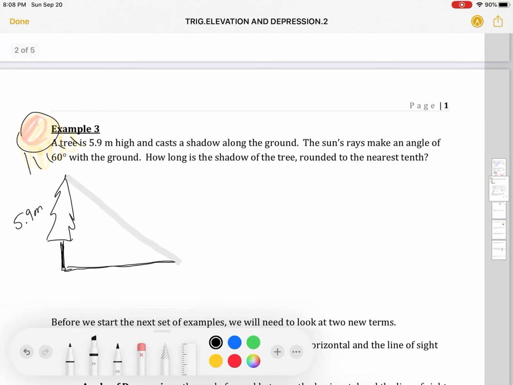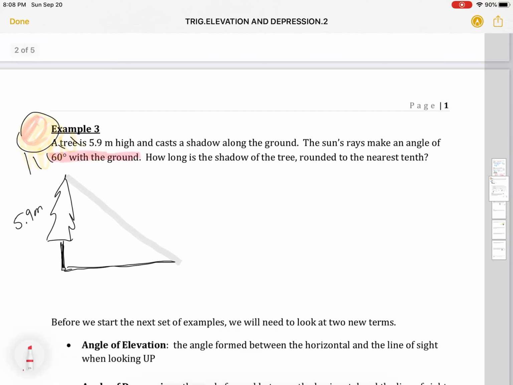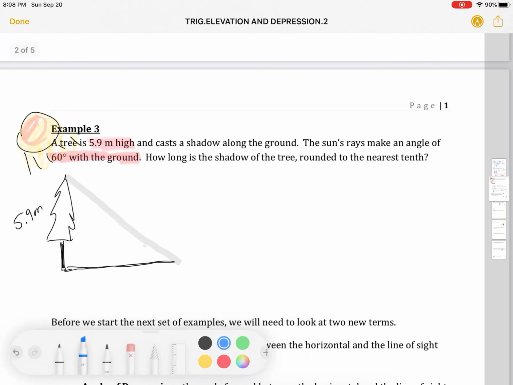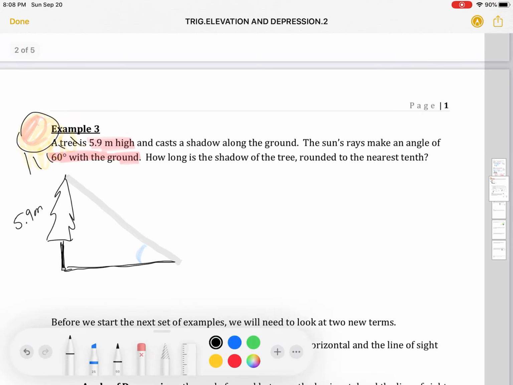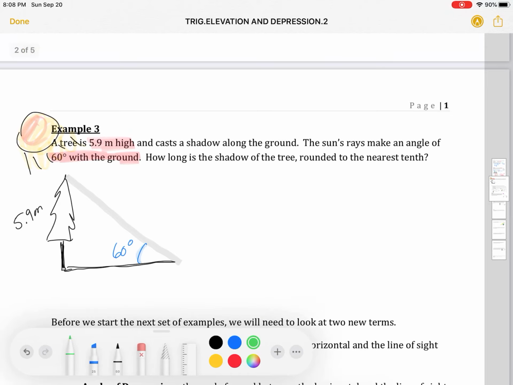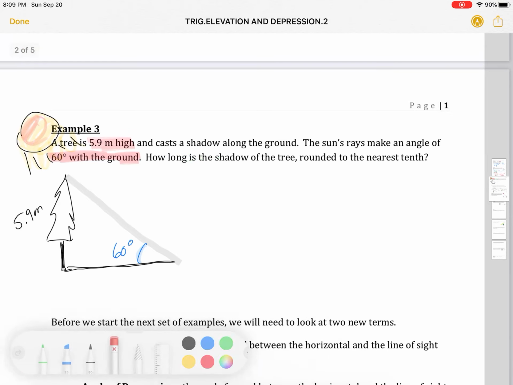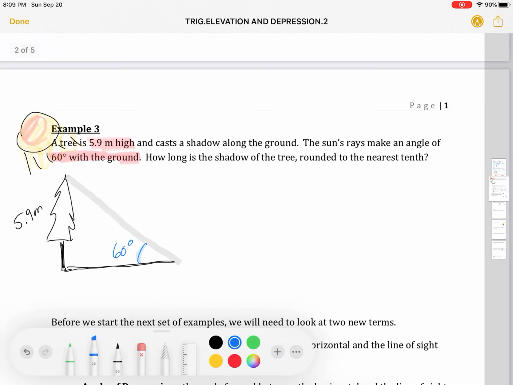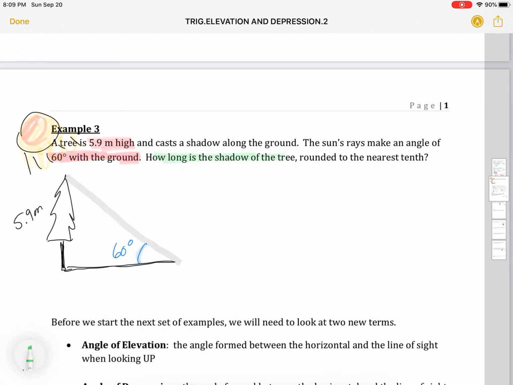Casting a shadow, and it is going to have an angle of 60 degrees with the ground. It says very clearly it makes an angle of 60 degrees with the ground. So that's going to be in here. So that's 60 degrees.